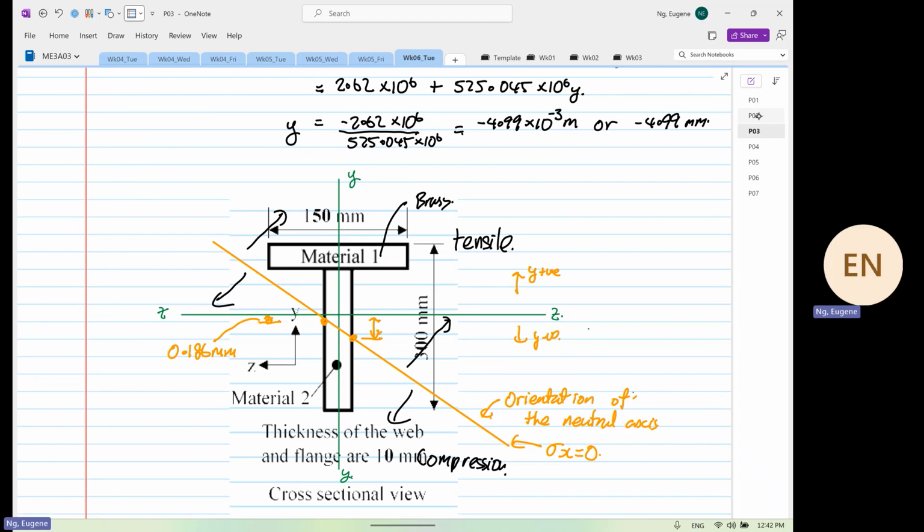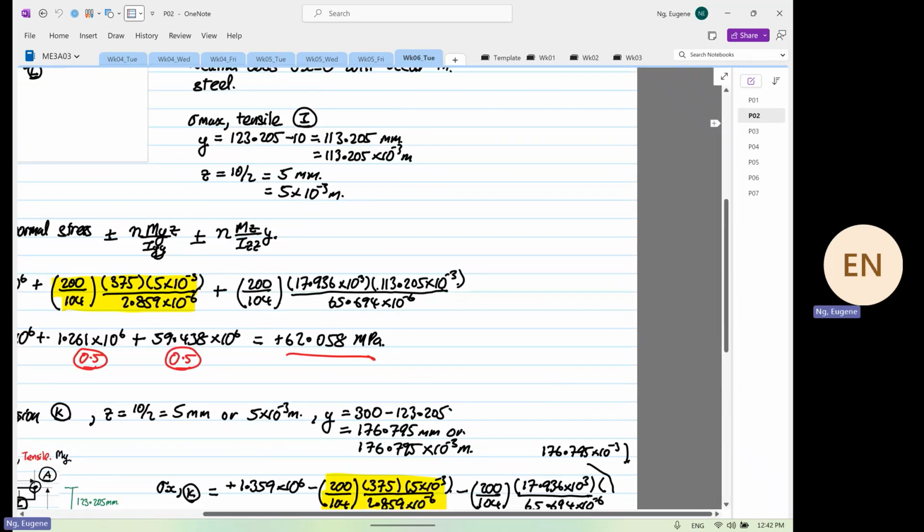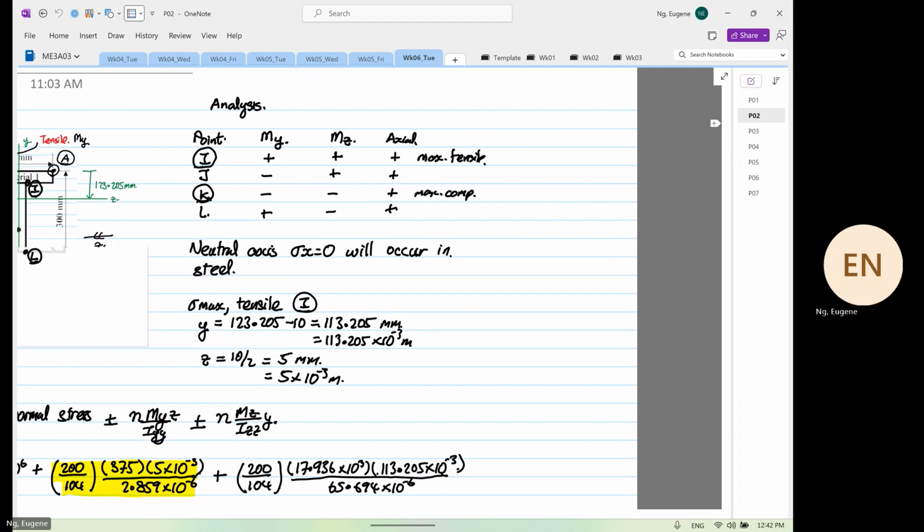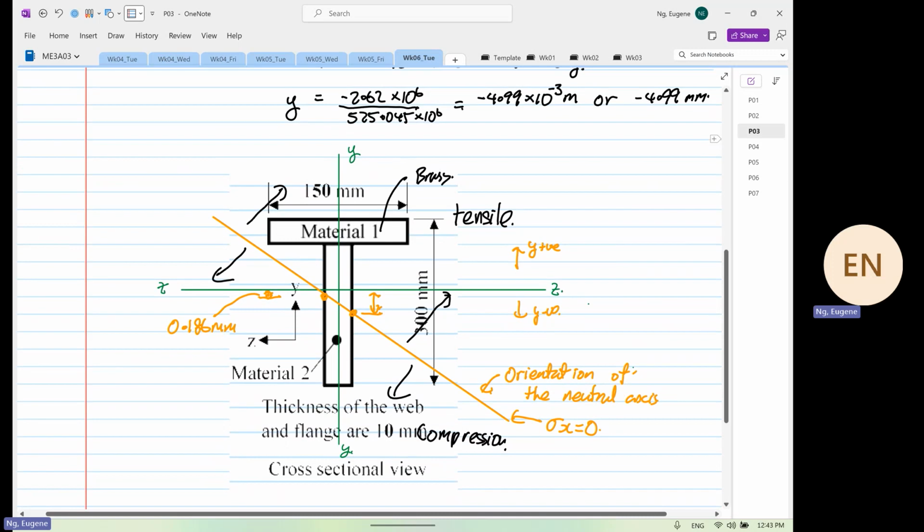Because over here, when we did our analysis, you have maximum tensile and maximum compression. You can do the same thing and check, and you will not get anything that is going to be under compression. You can do the same test procedure. We did not know this earlier. Only after this we know. Okay. Right.